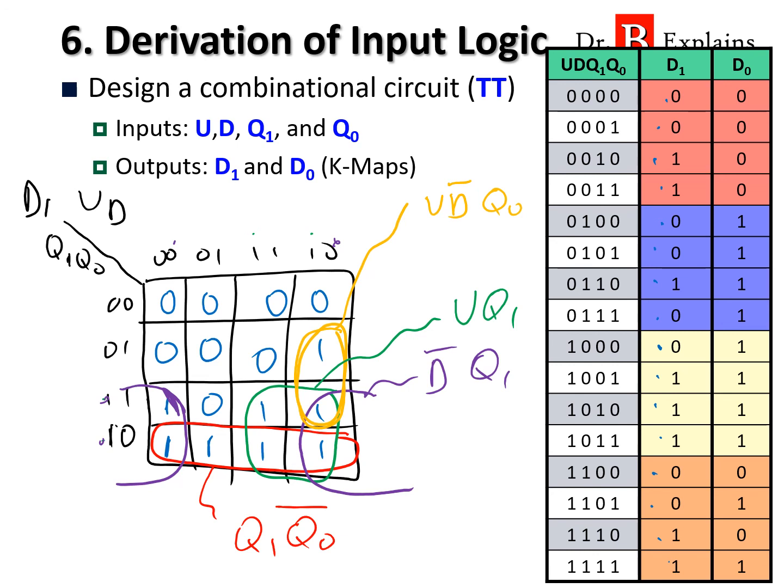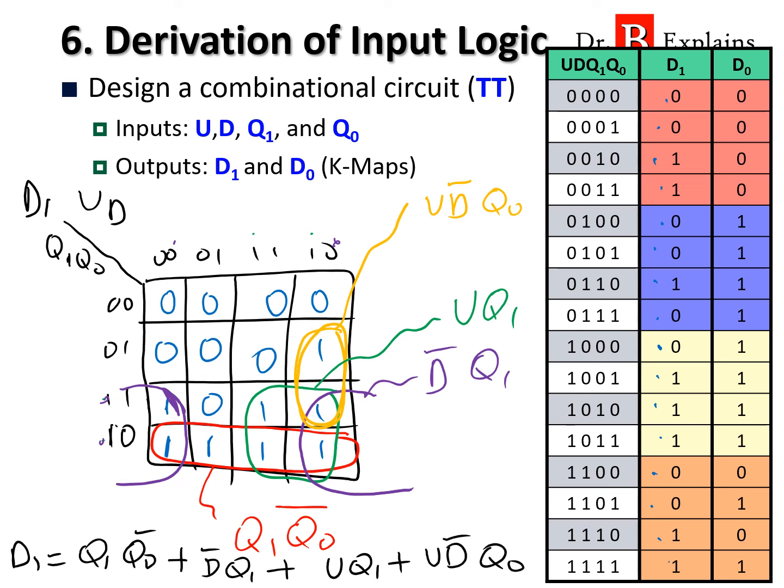Remember this is all OR. So I have D1 equal to Q1 Q0 naught, or D naught Q1, or U Q1, or U D naught Q0.